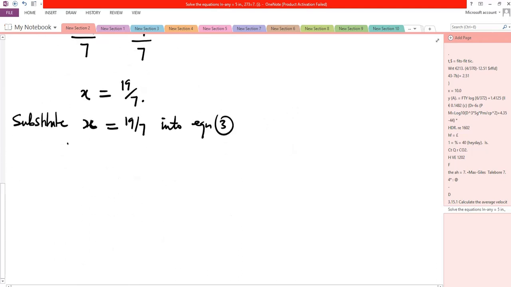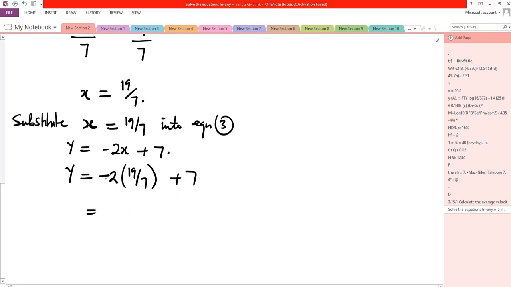So our equation 3 is y is equal to minus 2x plus 7. Anywhere you see x, you substitute with 19 all over 7 into this equation 3. That is the meaning of what I just wrote there. So now our y will be equal to minus 2, and this is x, so we'll replace it with 19 all over 7, plus 7.